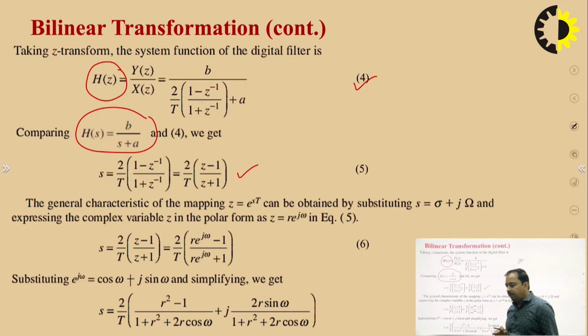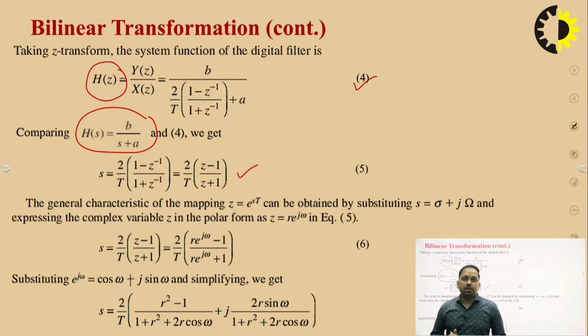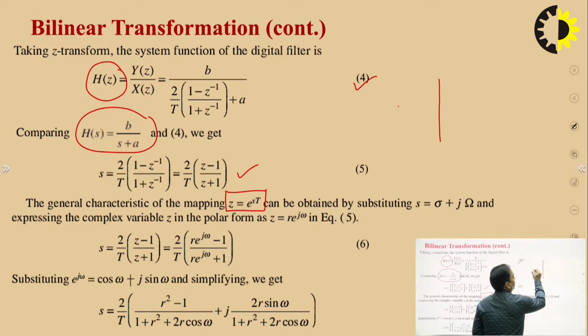Also we must be aware that the generalized expression to map S plane to Z plane is z = e^(sT). We have already discussed this several times. On this mapping factor, when S is in the analog domain, we must be aware that s = sigma + j omega.